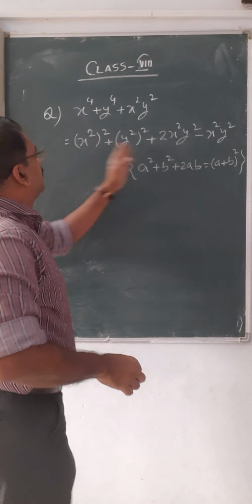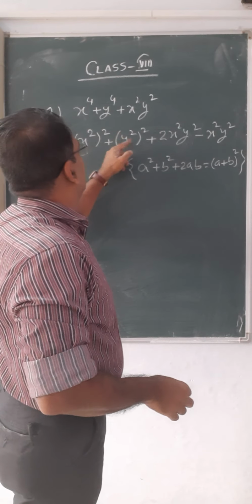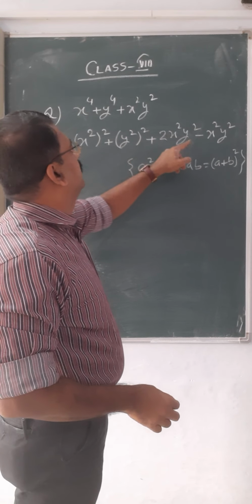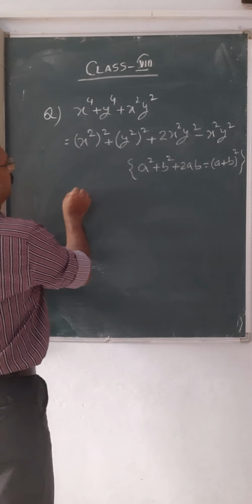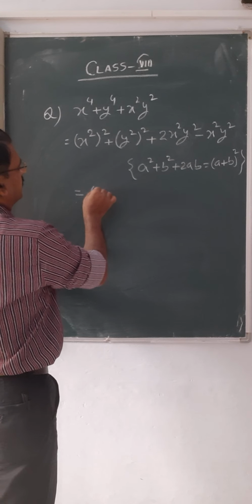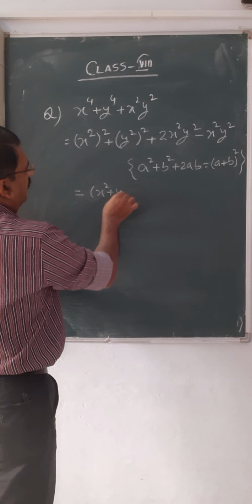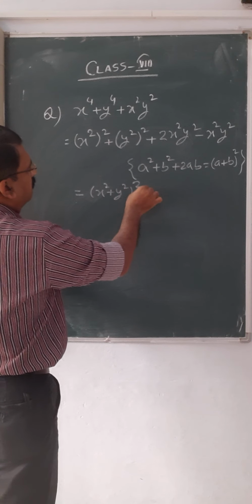In the first three terms, this is a square plus b square plus 2ab, that is a plus b whole square.